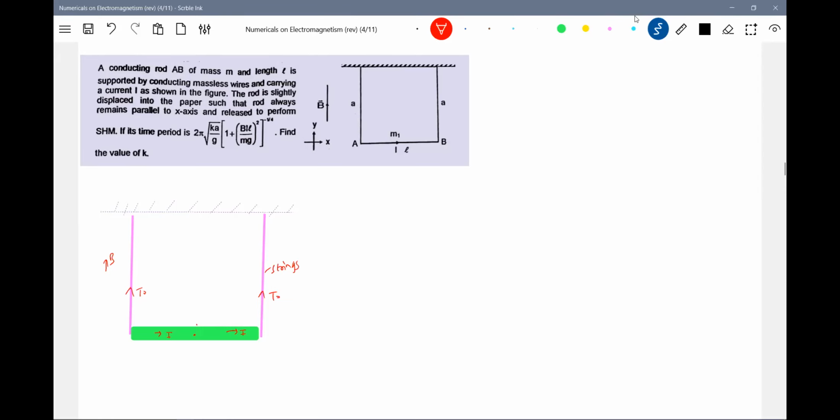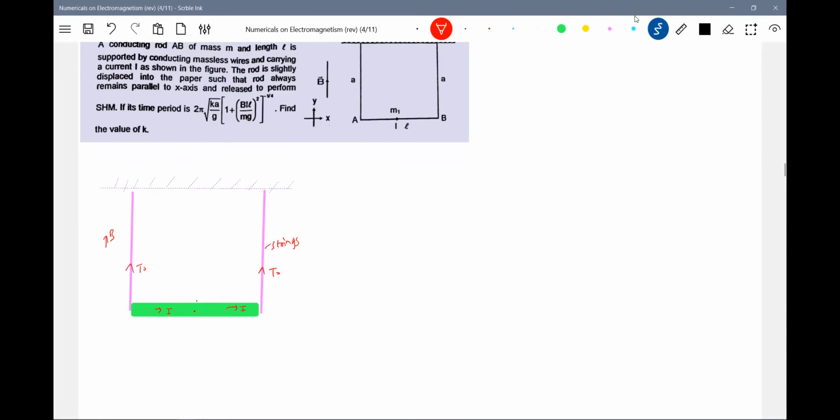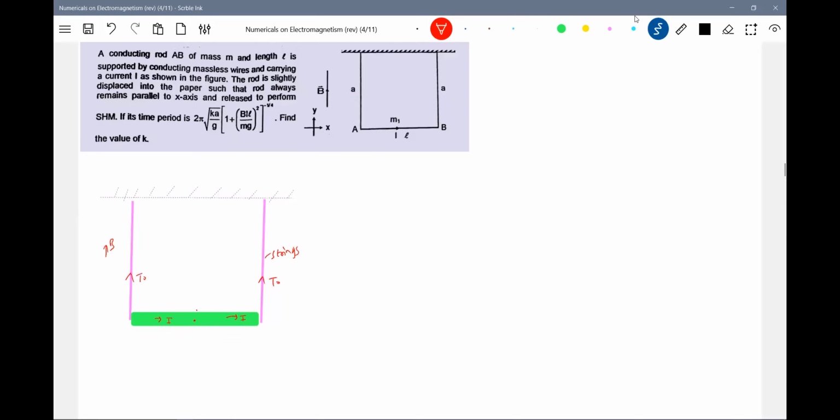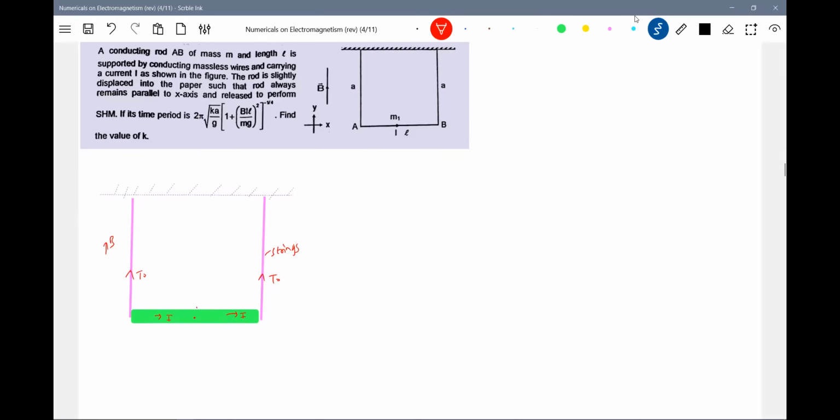A conducting rod AB of mass m and length L is supported by conducting strings as well, carrying current as shown. The rod is slightly displaced into the paper such that the rod always remains parallel to the x-axis. There's a condition. It is released to perform SHM. You have to find the time period of oscillations in the presence of that magnetic field.